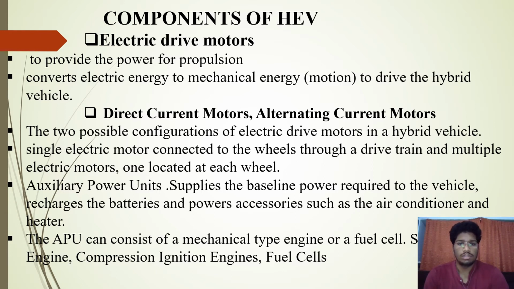Auxiliary power units. Auxiliary power units supply the baseline power required by the vehicle, recharge the batteries, and power accessories such as the air conditioner and heater. The APU can consist of a mechanical type engine, such as a spark ignition engine or compression ignition engine, or fuel cells.